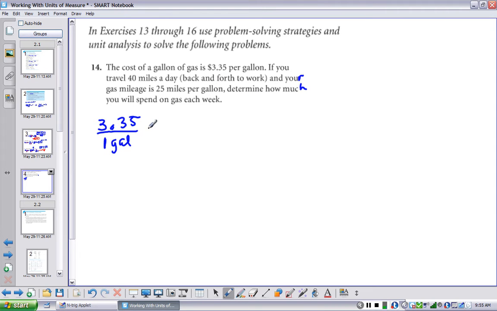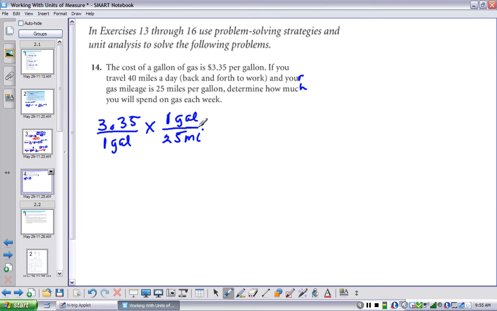So this is how much gas costs, but your car gets 25 miles per gallon. We know we want to cancel out gallon. So per 1 gallon of gas, your car gets 25 miles. Now, just what we have here will tell us how much the gas will cost per mile.